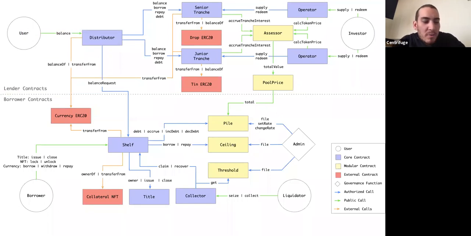If you're familiar with the Maker contracts, this probably reminds you a little bit of it. One of the design choices for these contracts is very much to create small modular contracts that can be replaced and customized quite easily to be able to deal with these vastly different asset classes. I'll go through a simple investor process, and I'll go through a borrower process.